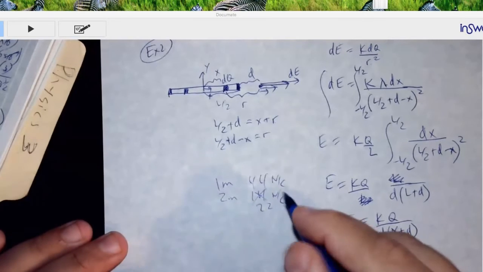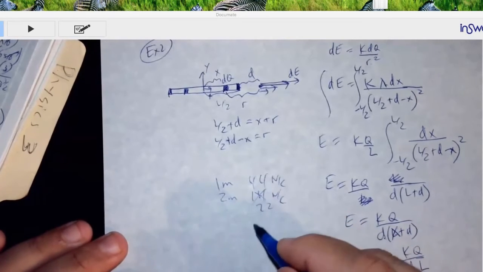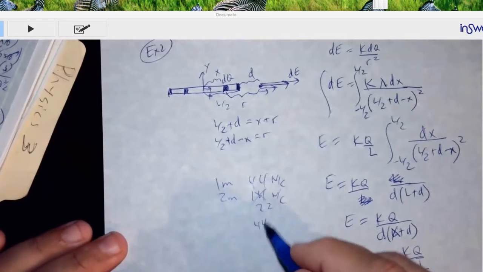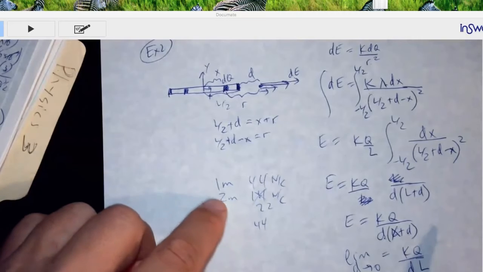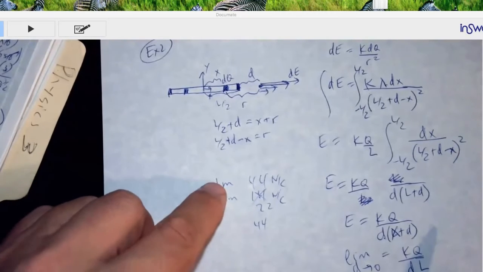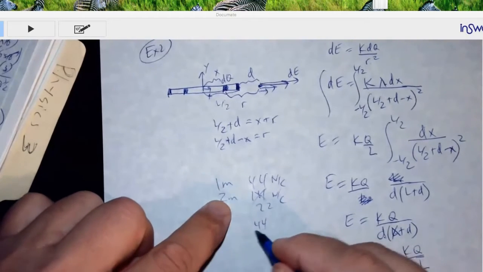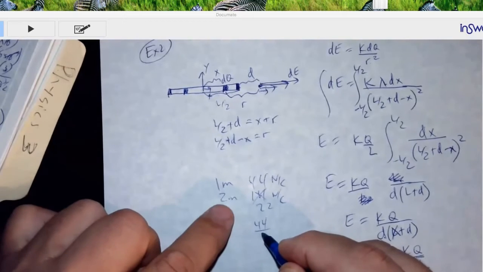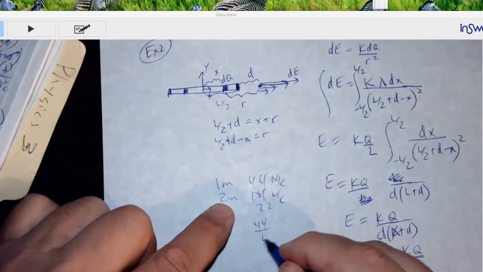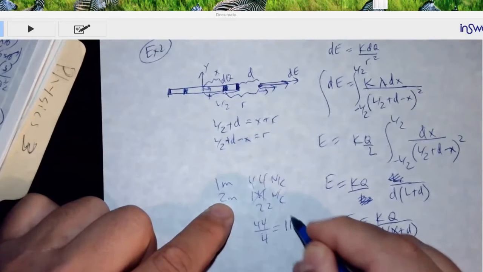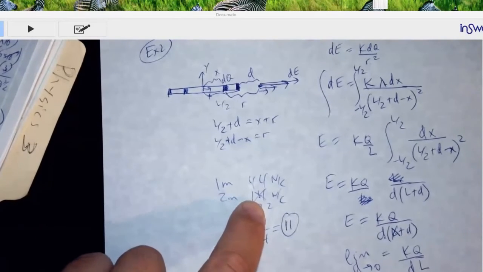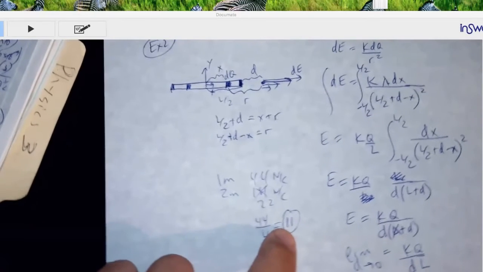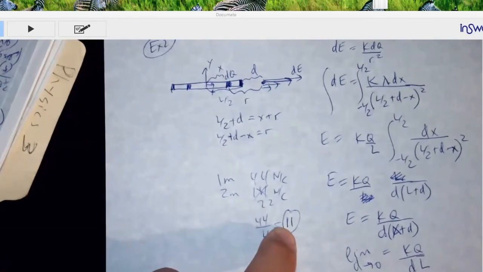But is it a square behavior? 44. So what would it have to be in order to be square behavior? If I'm doubling the distance from 1 to 2, 44 over 2 squared, which is 4, it's 11. Okay, so it's not decaying yet as quickly as a square behavior, but it is closer to the square behavior than the linear behavior. You see?